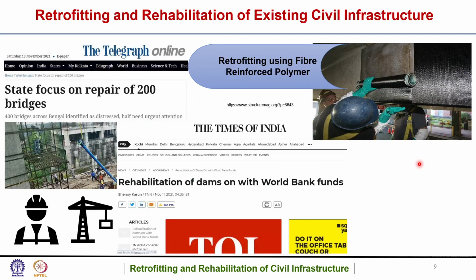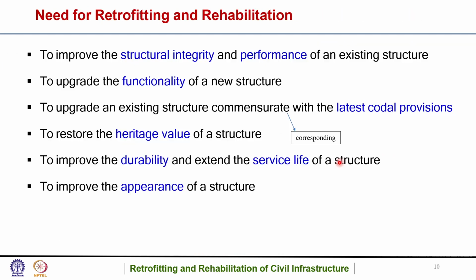These are some of the reasons why there has been an increased emphasis on retrofitting and rehabilitation of civil infrastructure, as can again be seen from these news cutouts from various newspapers. People are also going for fiber reinforced polymer. We'll be studying this in the upcoming classes: how to retrofit using FRP composites.